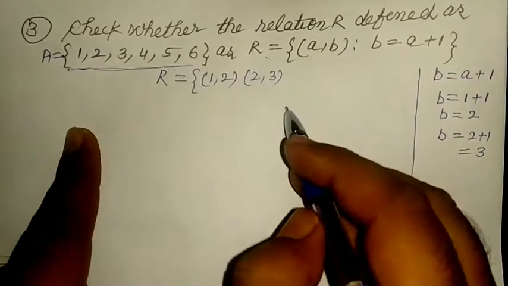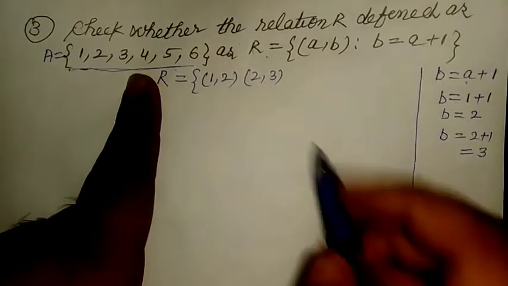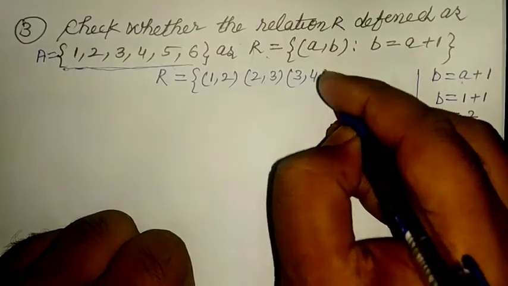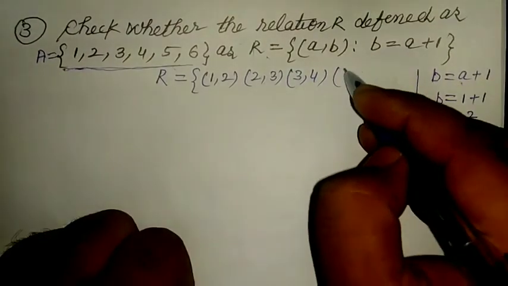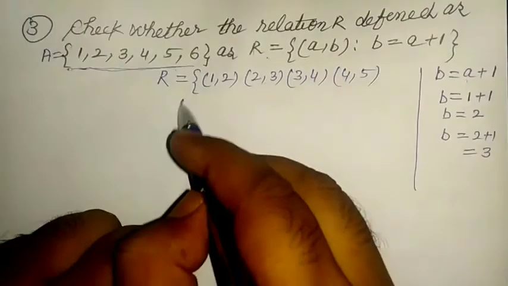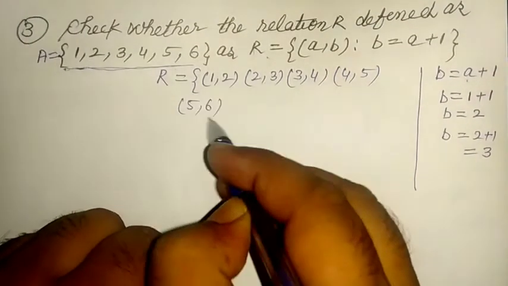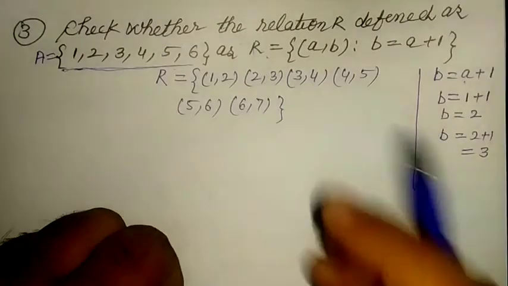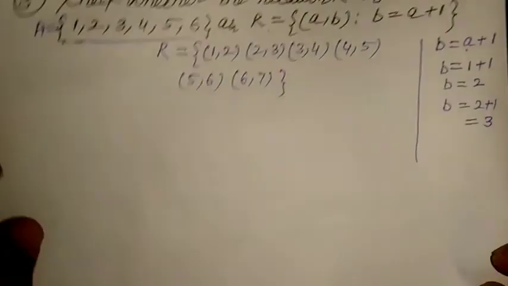Similarly, if we put 3, we get (3, 4). If we put 4, we get (4, 5), and 5 gives 6, and putting 6 we get 7. It is the roster form, isn't it?